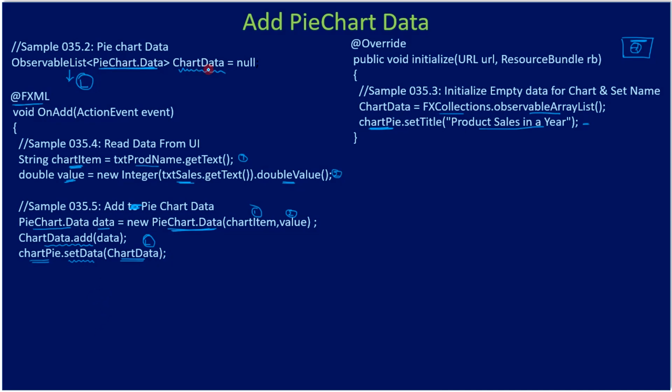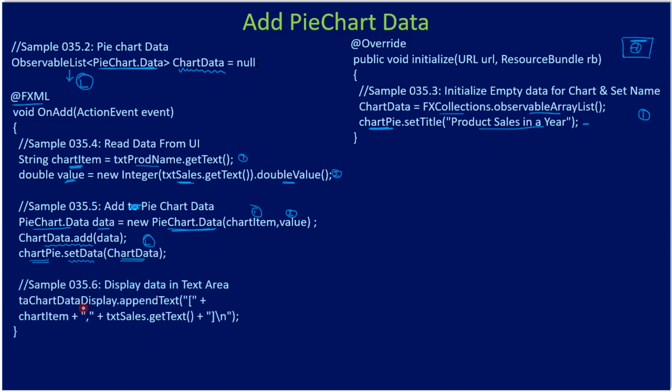Since the entry is created in initialize, it will be called only once, but this routine will be called whenever the user clicks the add button. So on each add, we will be updating our observable list collection, and we update our pie chart with the new revised data.